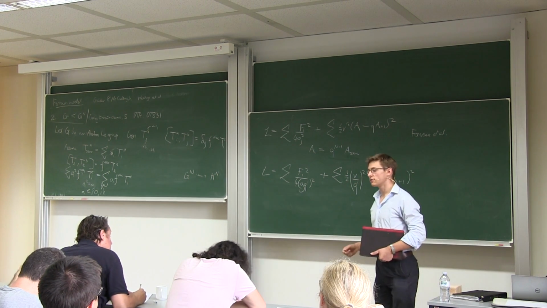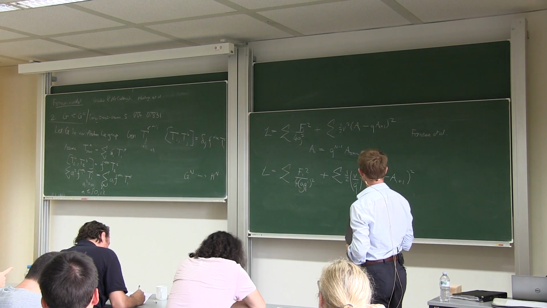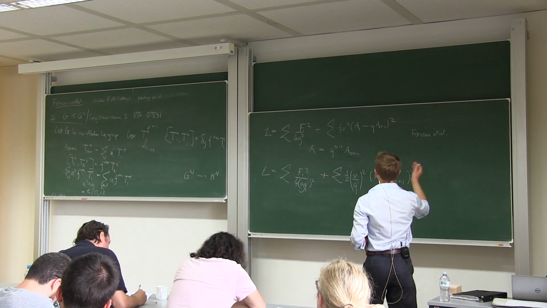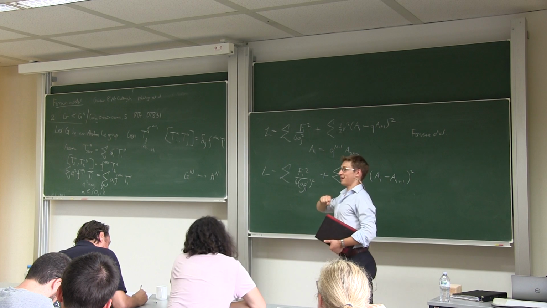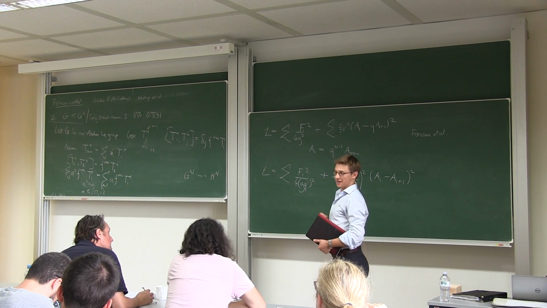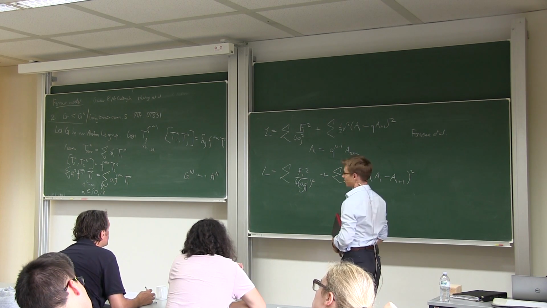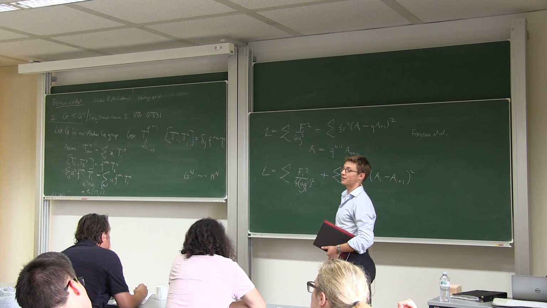Sorry, for all of the generators. Yeah, so I'm assuming a trace, like some Kronecker delta trace over the adjoint indices. So yes.